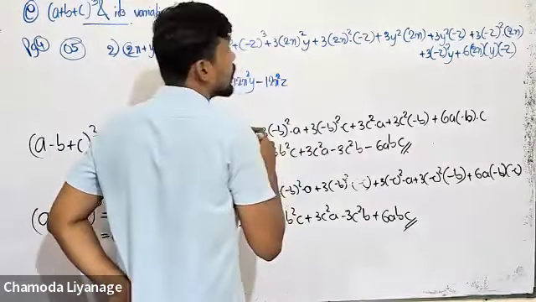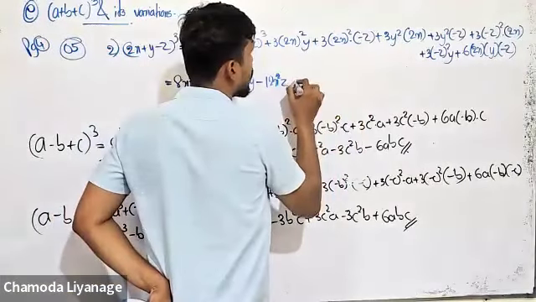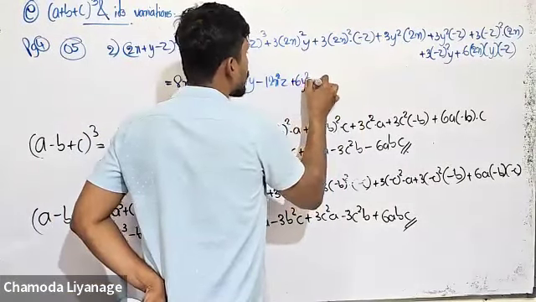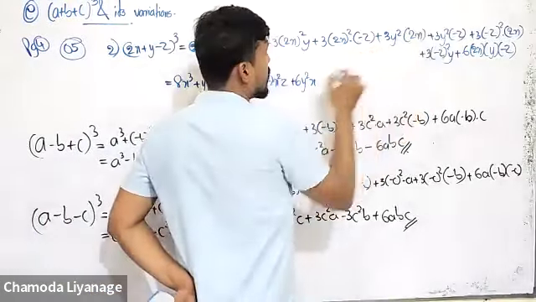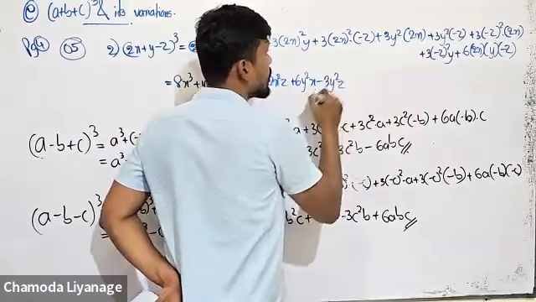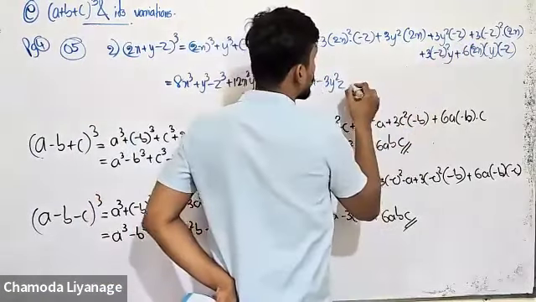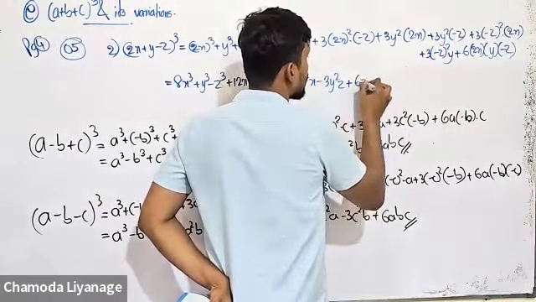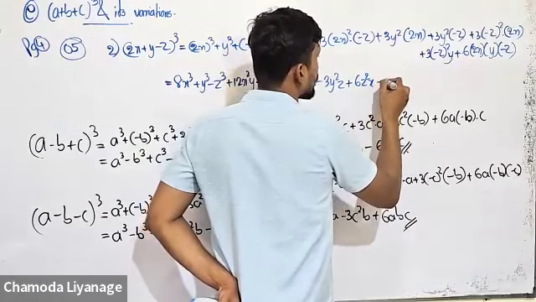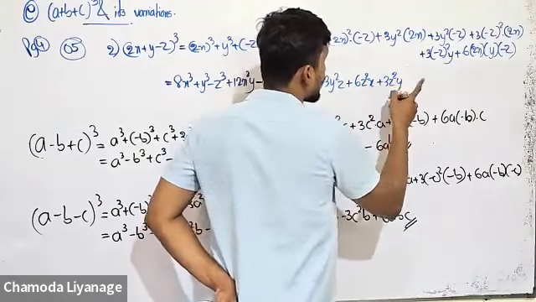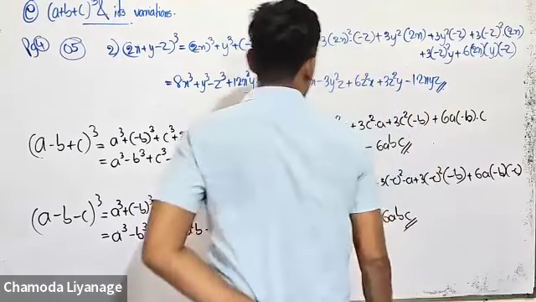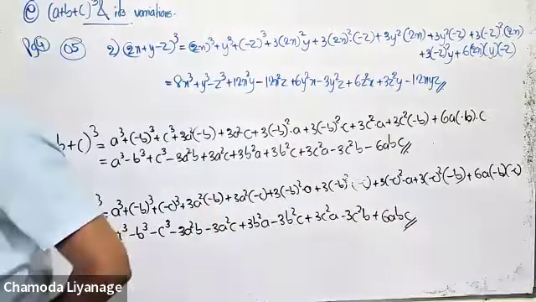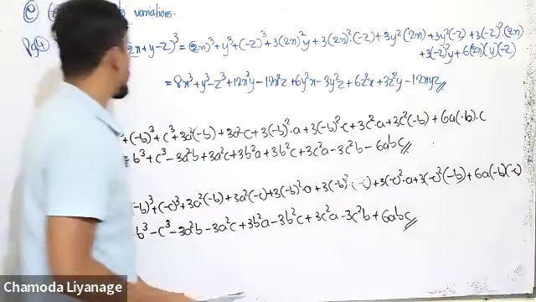And here you will get 6 y squared x, and minus 3y squared z. And here also plus 6 z squared x plus 3 z squared y, and minus 12 xyz, right?